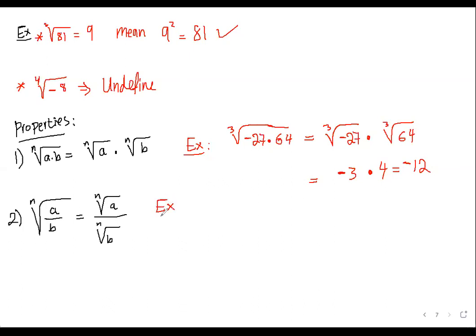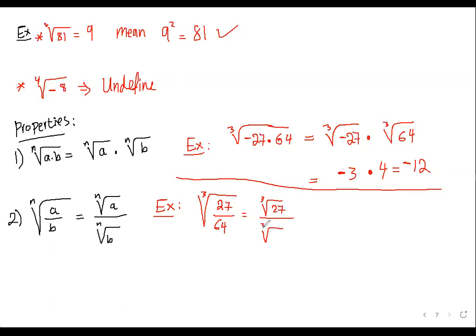Example, the third root of 27 over 64. This is equal to the third root of 27 over the third root of 64, which is 3 over 4.